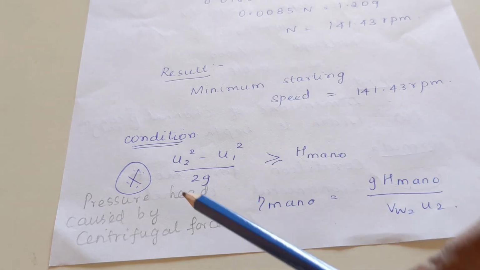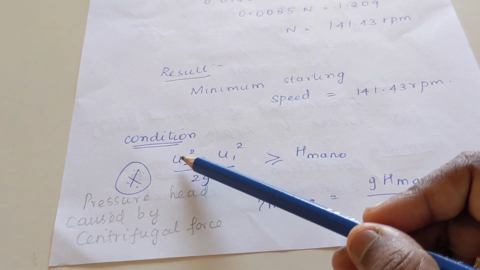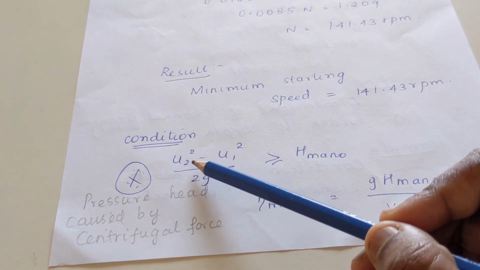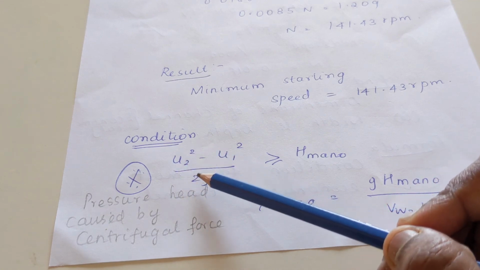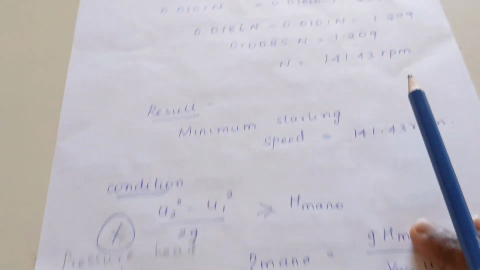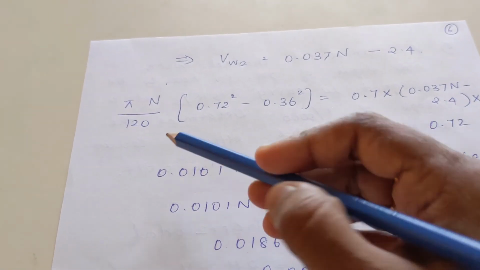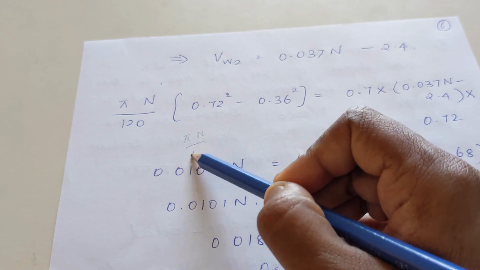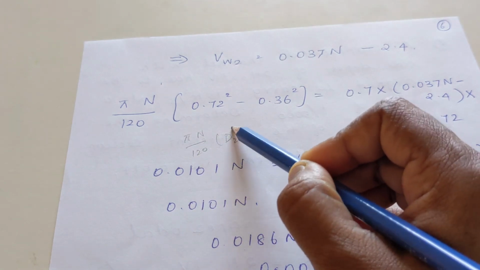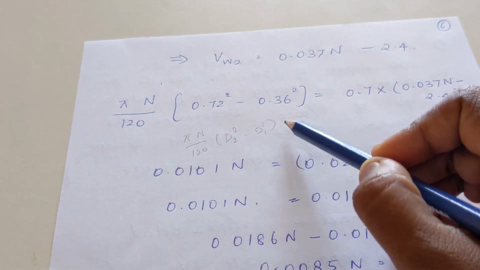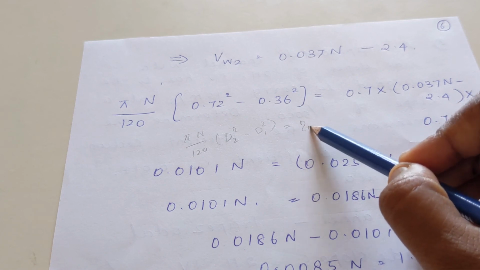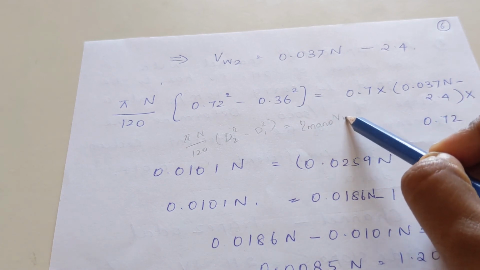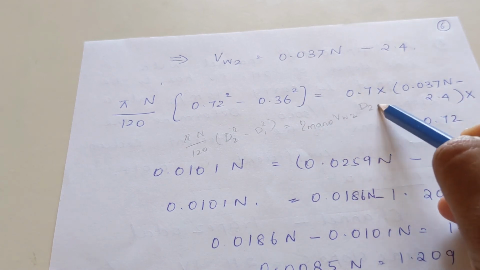Finally you will get that answer. You have to expand the value: U2 is equal to pi d2 n divided by 60. After simplifying that, this is your final equation: pi n divided by 120 into d2 square minus d1 square is equal to eta mano Vw2 d2.